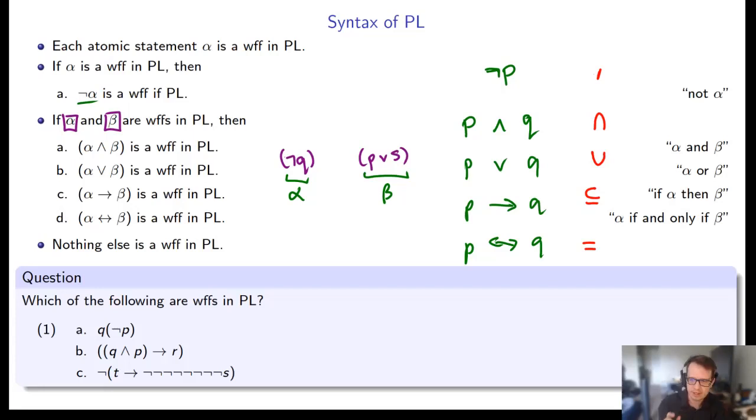So this means that I can take 2 grammatical formulas, not Q and P or S, and I can combine them with one of those 4 operators. So I could take and between them, and then I have a new well-formed formula. I have something new that's also grammatical. So this is just a way for us to build grammatical formulas.